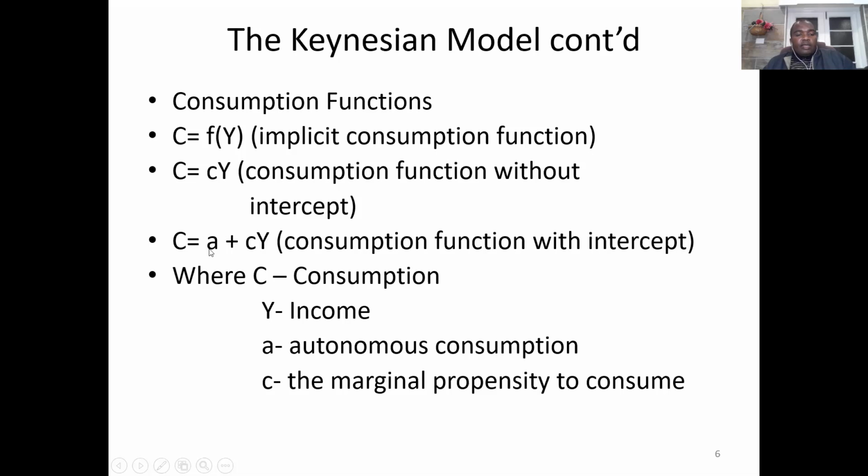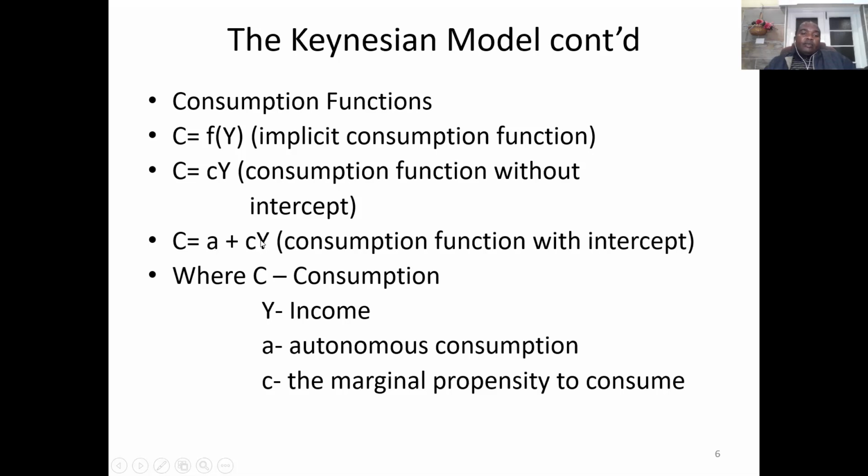The small letter a part, the autonomous consumption part, does not change with changes in national income. The component of aggregate consumption which changes with changes in national income is cY. This second part, cY, is the one which explains the changes in aggregate consumption.